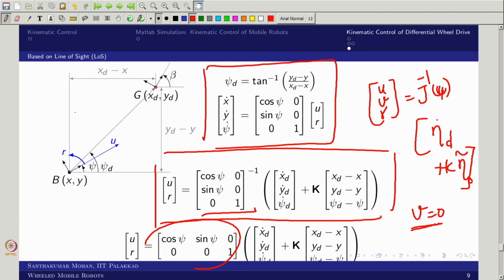In this case the rank of W is 2, in the sense that only 2 states can be controlled at a time. So here we are trying to control x desired and y desired. Once we achieve this point, then we will do the orientation control. That's what we will see in the MATLAB window now. We'll move to MATLAB and see how we can do it.